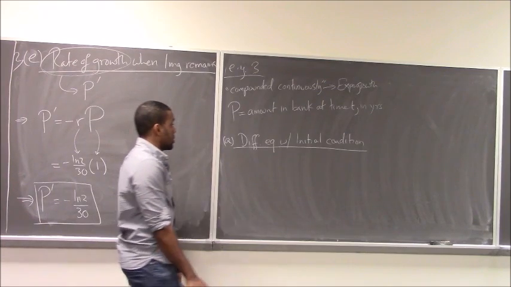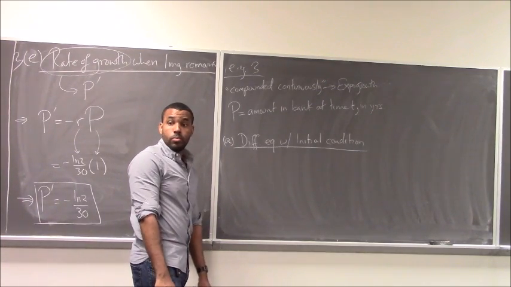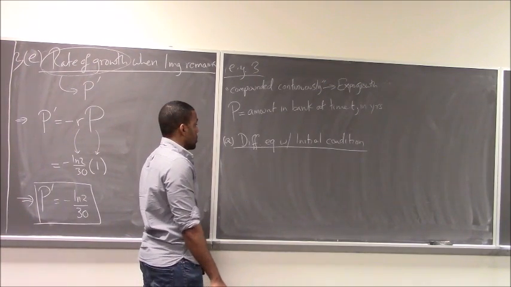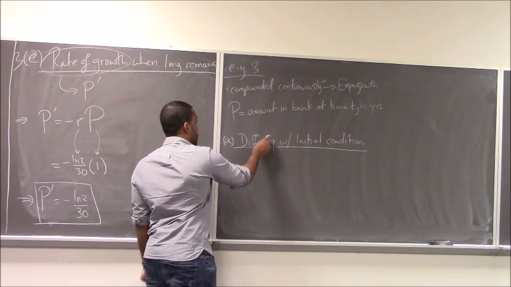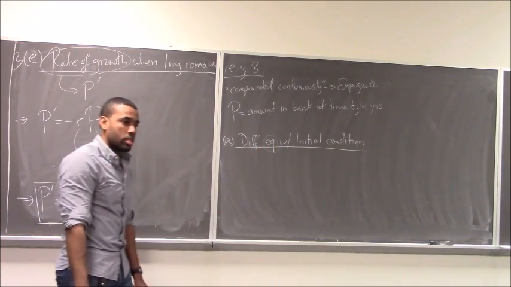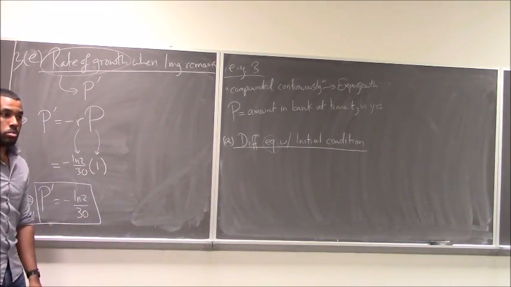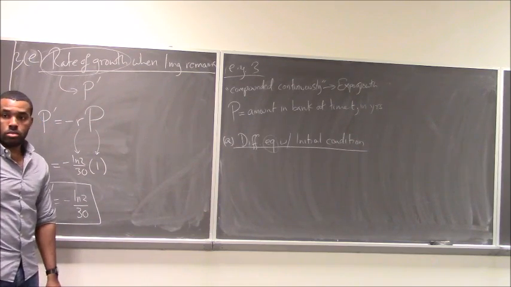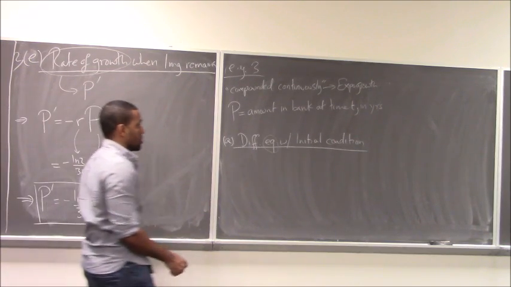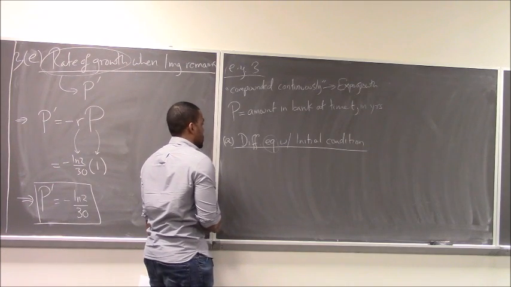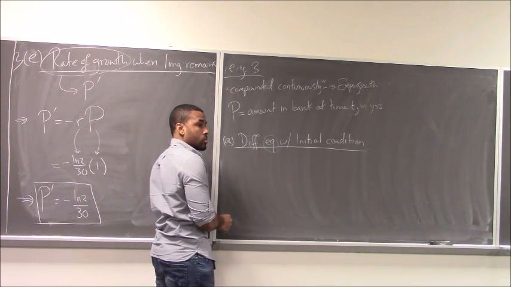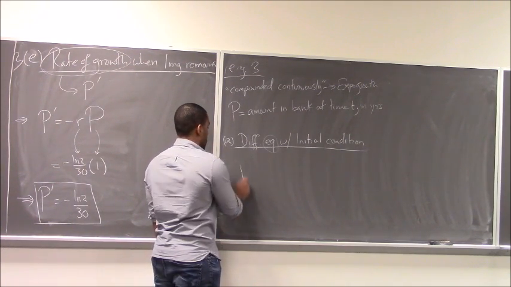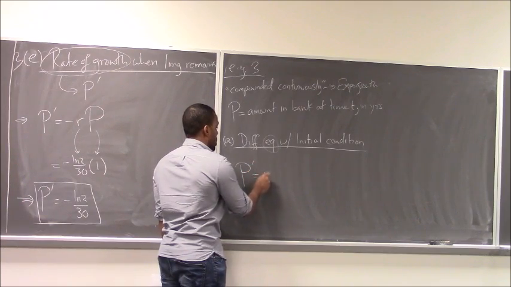It says equation, so you have to write it as an equation. What is the equation? P prime equals RP.